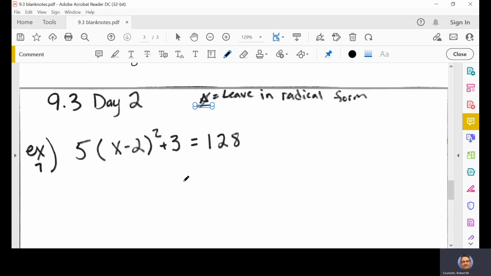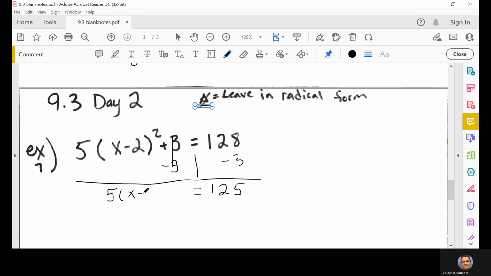Here we go. We're going to do this one again. So this is a little bit of a bigger problem, a slight difference here where our squares are. So let's be careful. We're going to subtract 3. Left 125. And divide by 5.